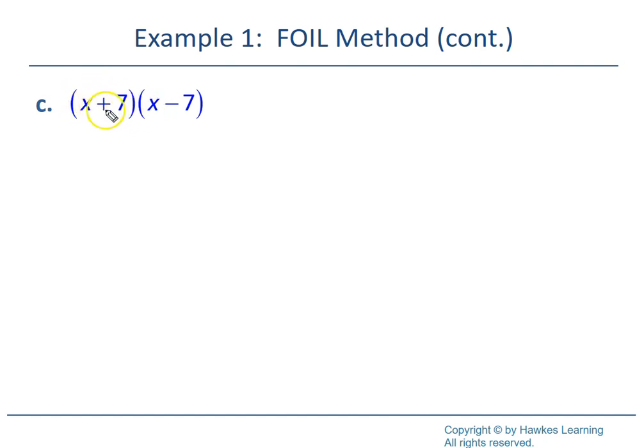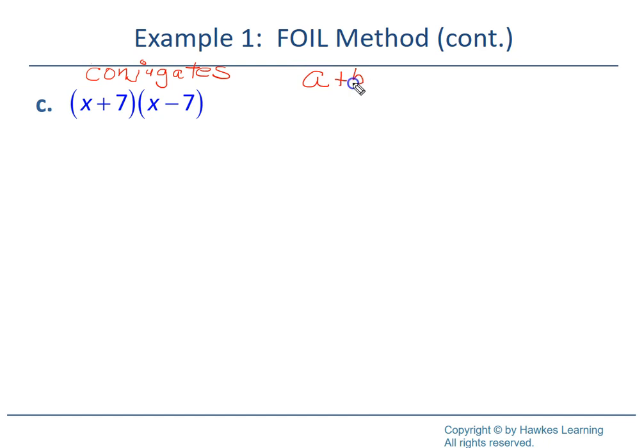Now, the way they're set here, they have a special relationship. They are called conjugates. I want you to write this word down. Probably one of our quiz questions. So what are these binomial factors called, where they're the sum and difference of the same terms? They're called conjugates.